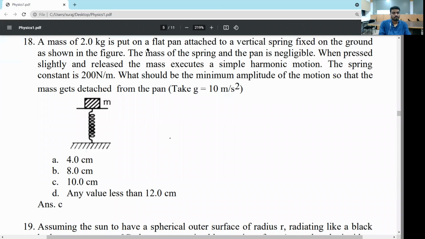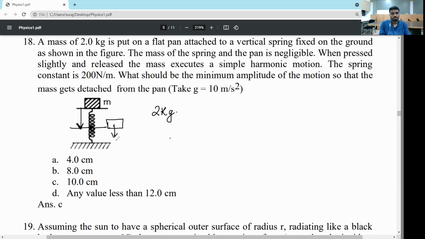Whatever distance I press, till there, that is the amplitude. Clear? Now the mass is 2 kg, and the flat pan is there. So at this point, what is the net force?